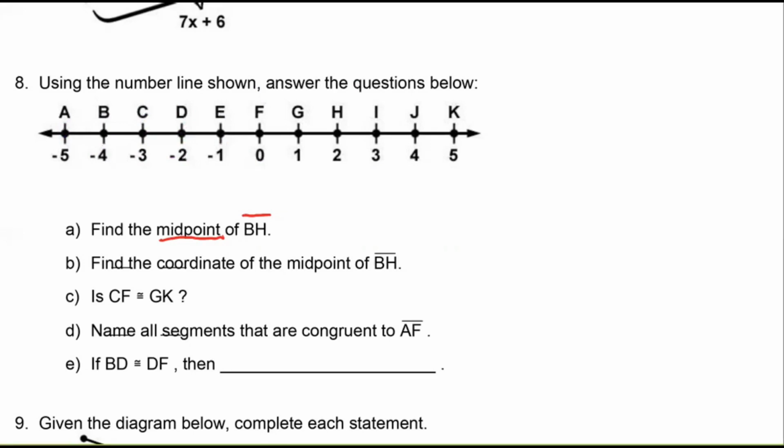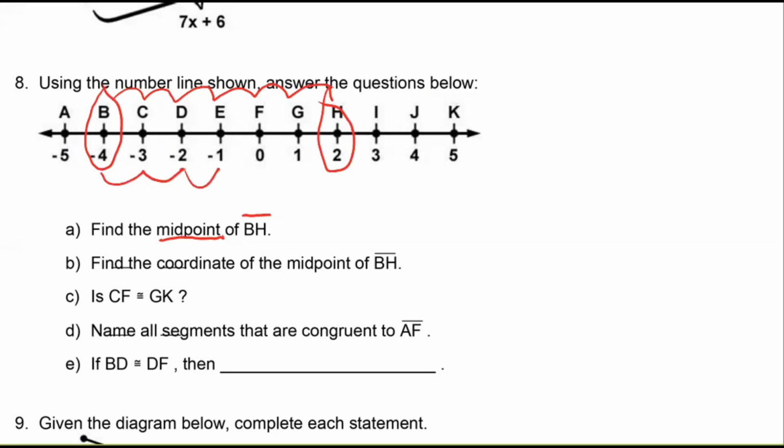So I'm going to start here at B, and I'm going to end at H. So let's start. 1, 2, 3, 4, 5, 6. So there's 6 numbers between there, right? Now I'm just going to go to the middle. So 6 divided by 2 is 3. So I'm going to go 1, 2, 3.